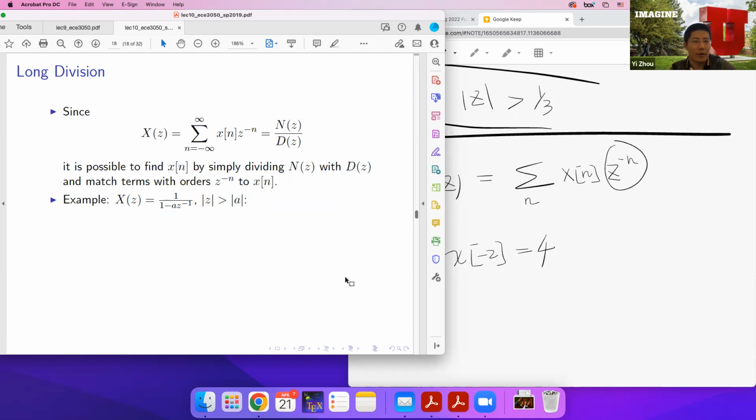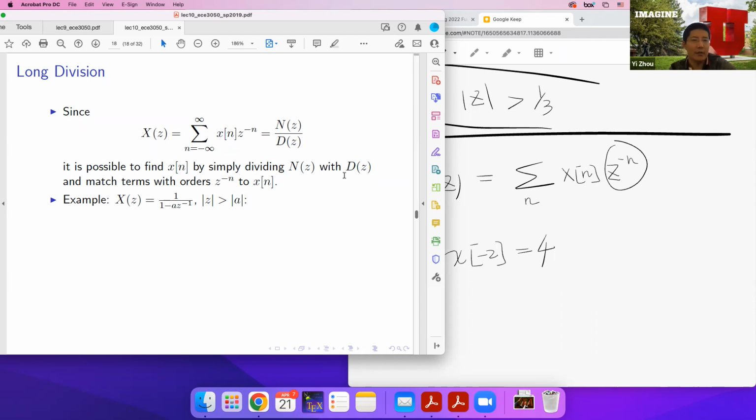And I think this part I can skip it. So the idea is that sometimes if the Z transform is given in this form, then we can find the signal by simply dividing N(z) by D(z) and matching terms with orders.